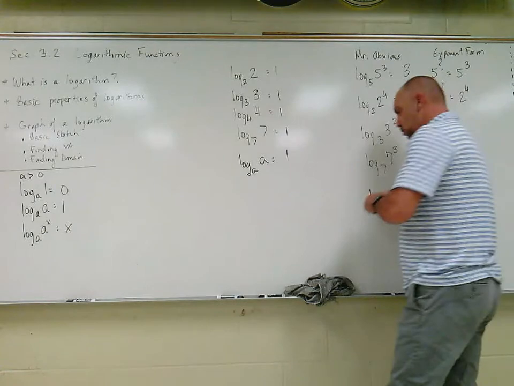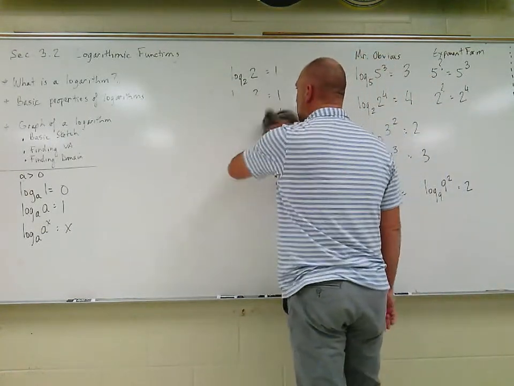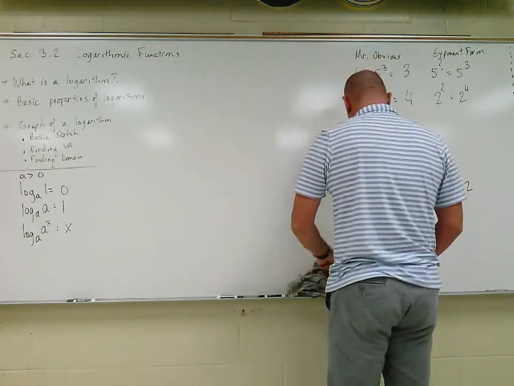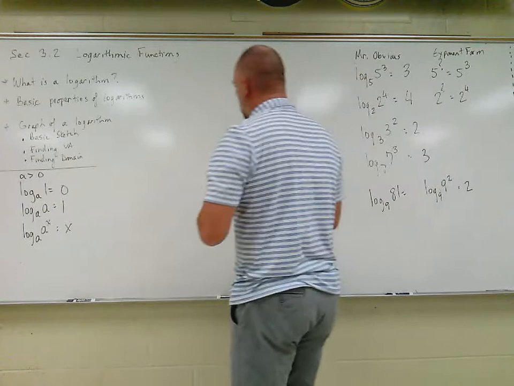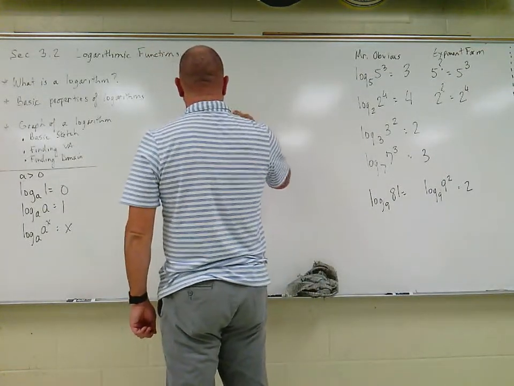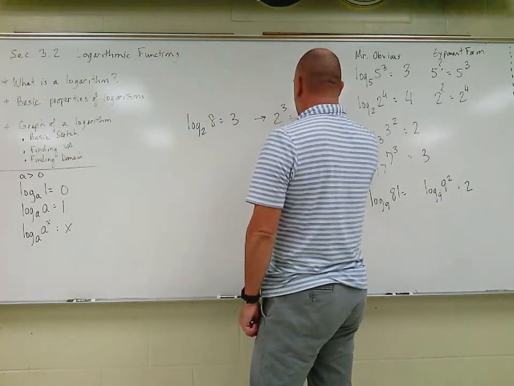Now, real quick, let's make sure we're comfortable going from a log to an exponent and an exponent back to a log. We'll go back to our first one. We had this, and we could write it like this. Log base 2 of 8 is 3, 2 cubed is 8.